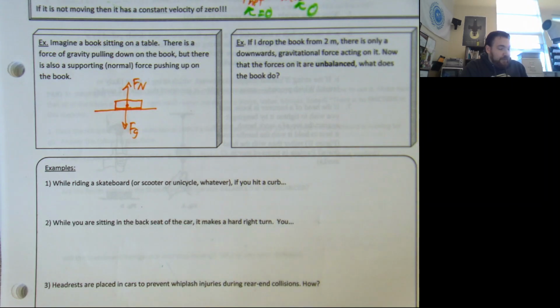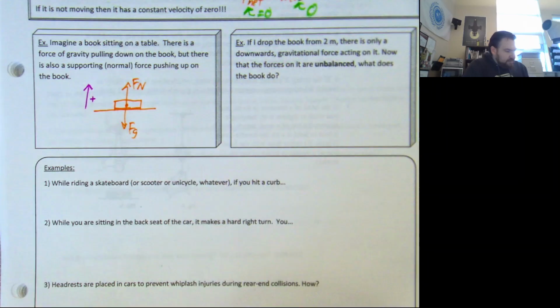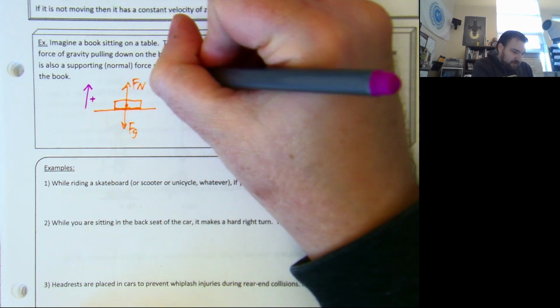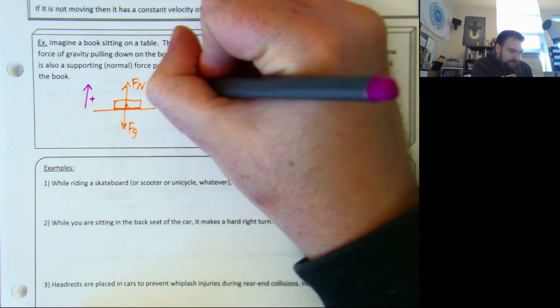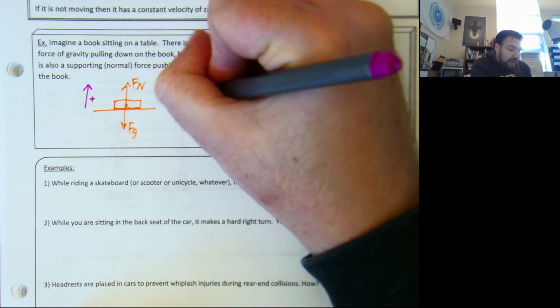If we just analyze this, let's call upwards positive, because up usually is. If the book is not moving, if it rests, in this case, the normal force Fn is going to have to equal Fg.